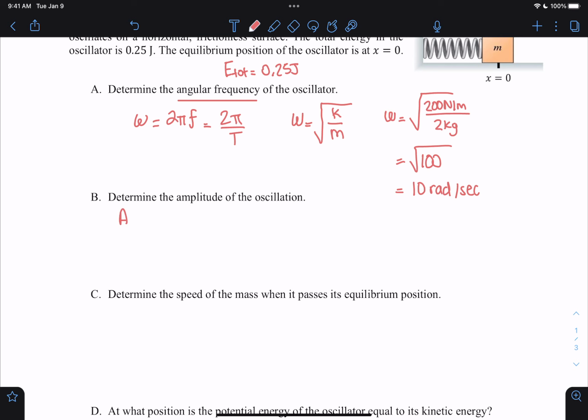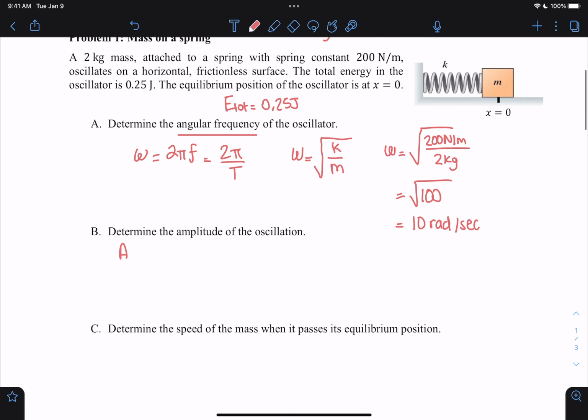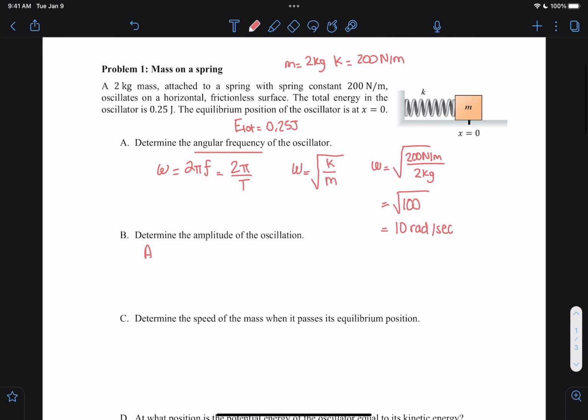Now, how can we relate amplitude to other pieces of information given to us? So we have total energy, for example, that's 0.25 joules. We have that angular frequency value that we figured out. Can we use either of those two values to figure out the amplitude?